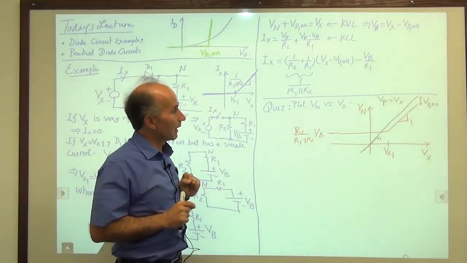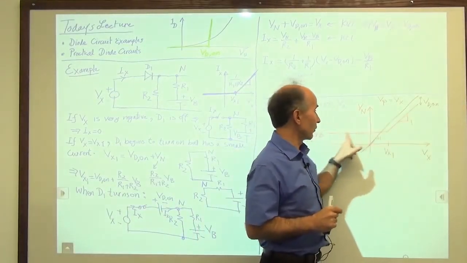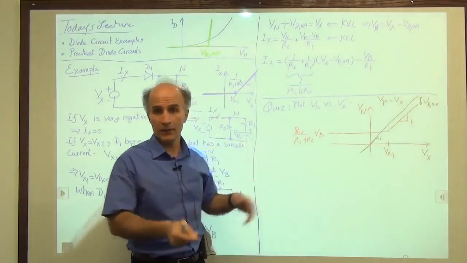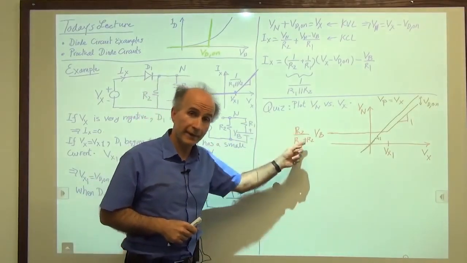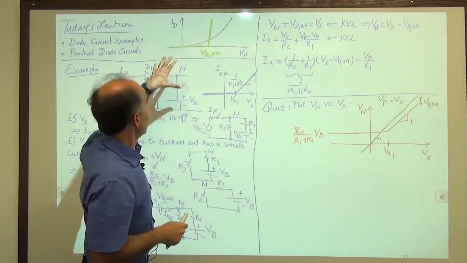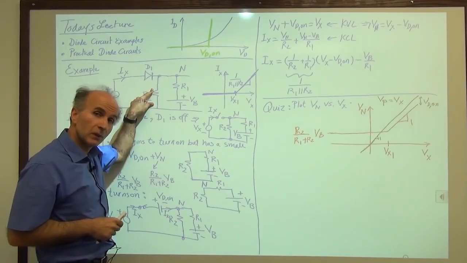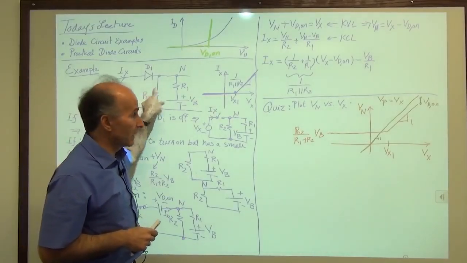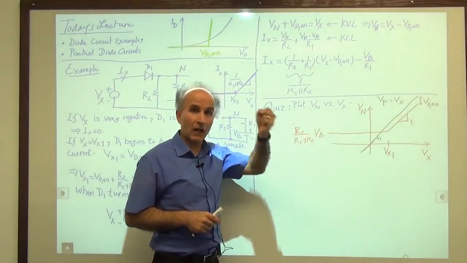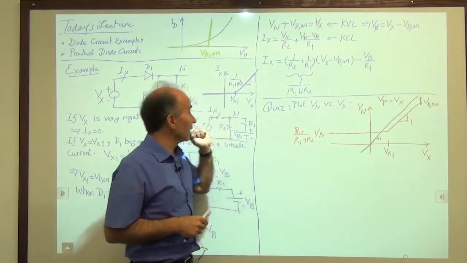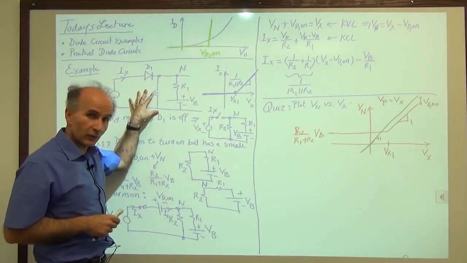Okay. All right. Does this red characteristic look familiar? Yes, we have seen it a number of times in many different examples. In particular, we saw the same characteristic for the example last time that did not have R2. So how does this simplify when R2 is taken out of the circuit? Well, if we want to take R2 out of the circuit, it means that the value of R2 has to go to infinity.